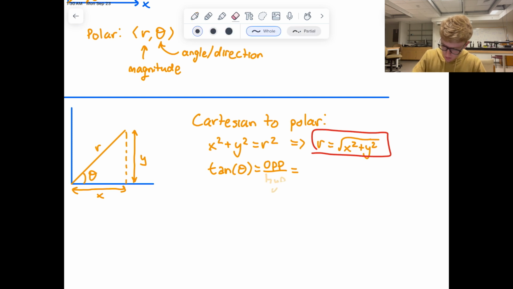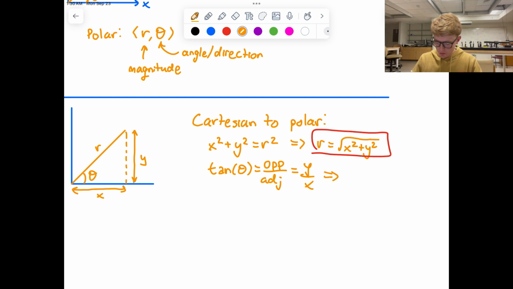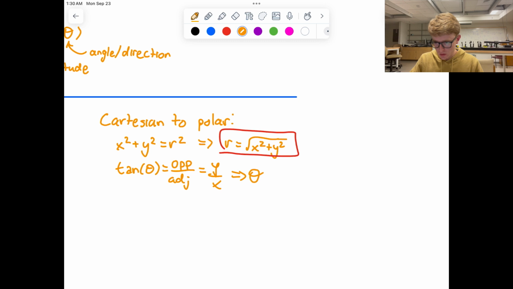I'm sorry, not opposite over hypotenuse, opposite over adjacent. That is going to be y over x. Then I can solve for theta pretty simply: theta is equal to arctan of y over x. So there's our second equation for theta.